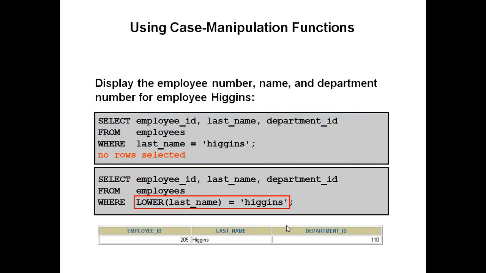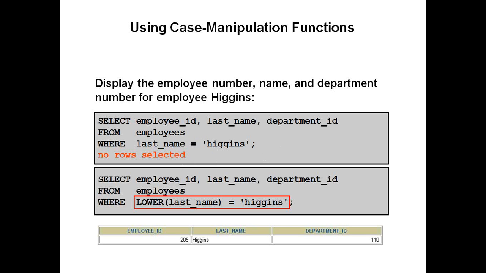This is what I have been explaining through a notepad. You can see we are getting some information from the employees table. Have a look at the first query. We are bringing out the employees information, and we are giving where last name is equal to Higgins. When you give that, it says no rows selected.